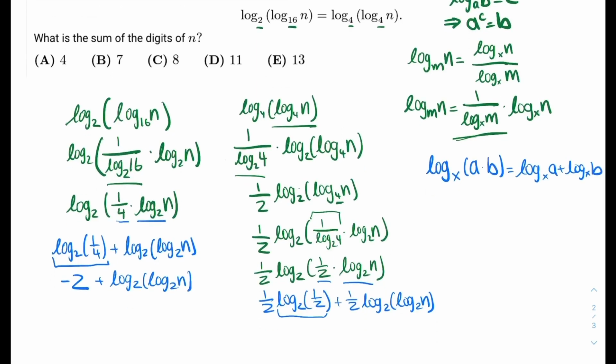On the right side, one thing we know is that log base 2 of a half is the same thing as negative 1 because 2 to the power of negative 1 equals a half. So basically here we have a half times negative 1, which is the same thing as a negative half, plus, again, 1/2 log base 2 log base 2n.